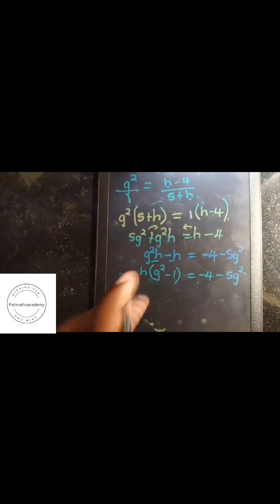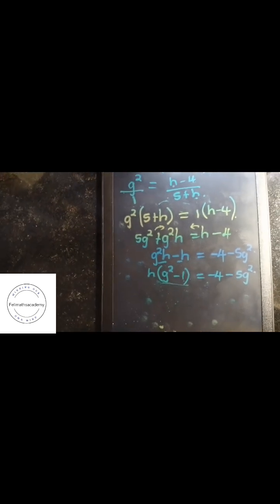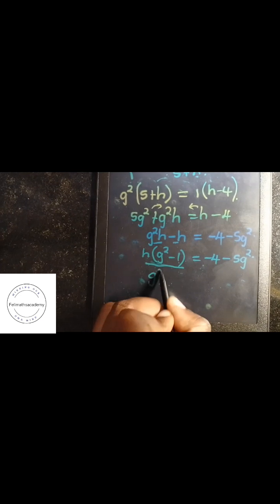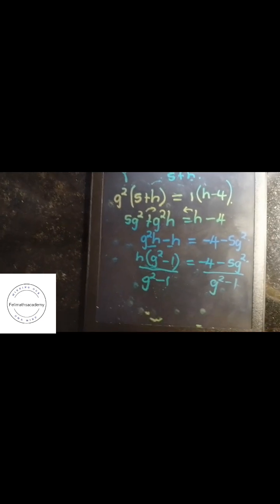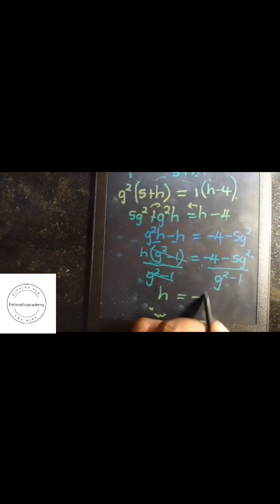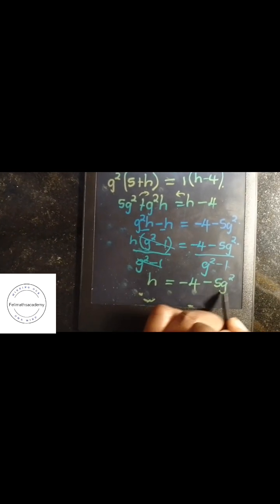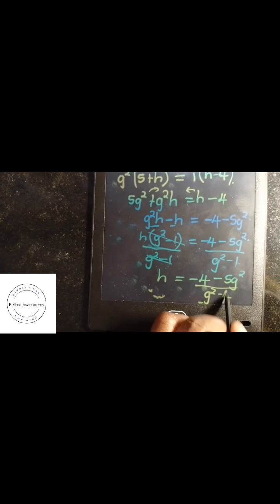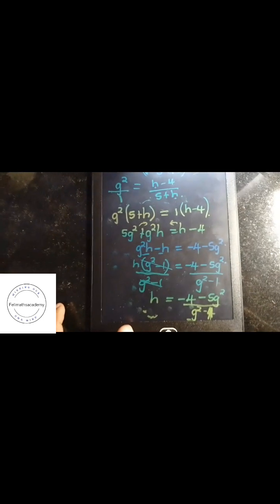So to remain with h, which is multiplying by this bracket, we divide both sides by the bracket g squared minus 1. So we now have h is equal to minus 4 minus 5g squared over g squared minus 1, right? So it's g squared minus 1.